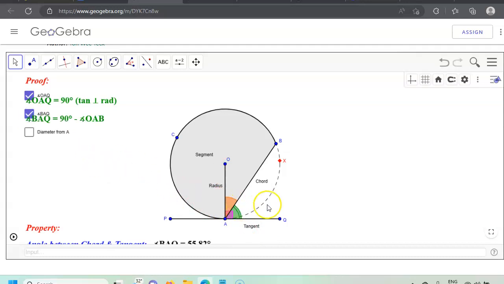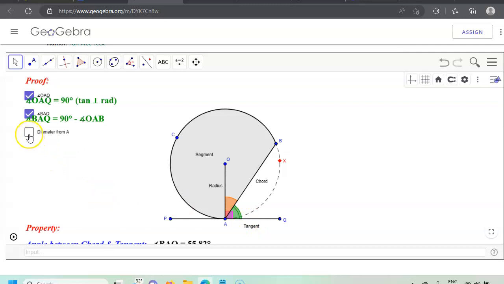And then we have now BAQ. Alright, so that is the significant angle. That is part of our proof. And it's the lower part of the right angle, right? So we can say that its measure is 90 minus OAB, the orange angle here.